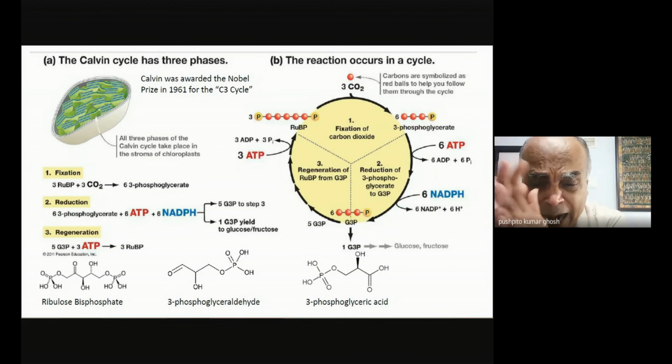And there is a dark cycle which does not require light, and that's where some of the molecules get synthesized. Plants generate carbon containing molecules, and those molecules are synthesized from carbon dioxide.